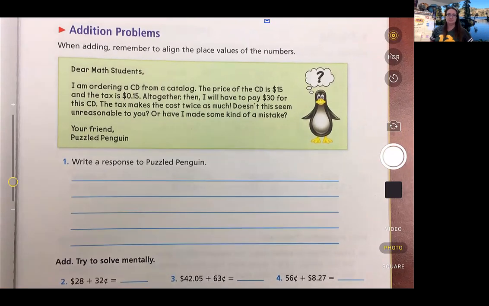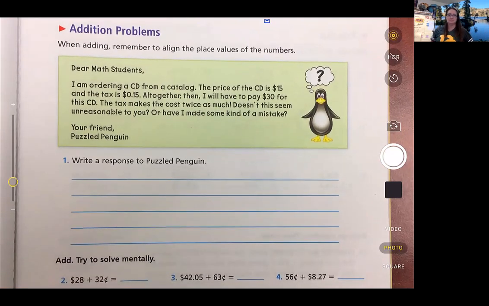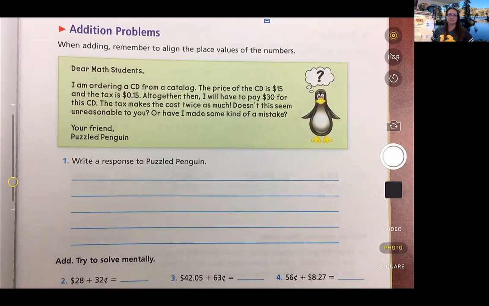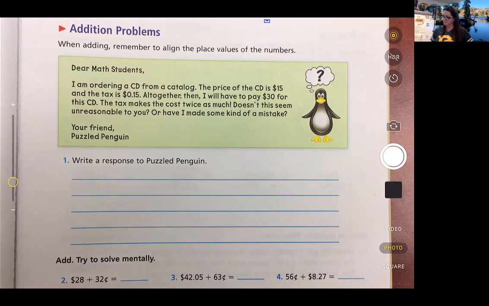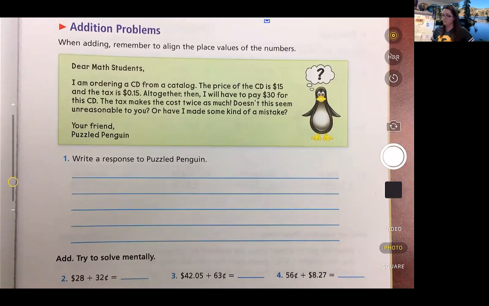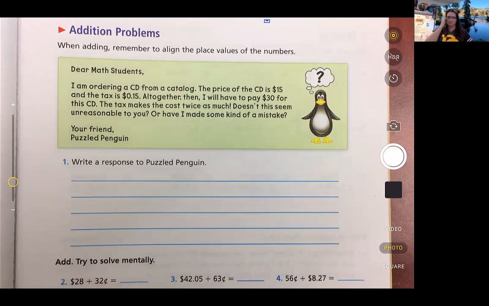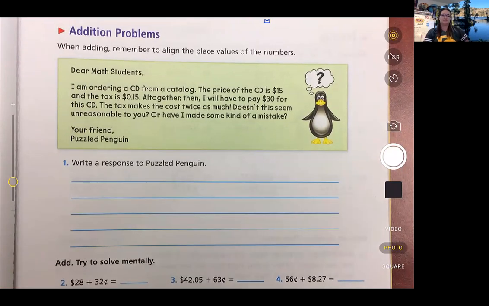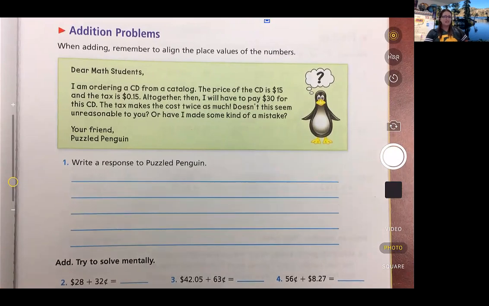Altogether, then I will have to pay $30 for the CD. The tax makes the cost twice as much. Doesn't this seem unreasonable to you, or have I made some kind of mistake? Your friend, Puzzled Penguin.